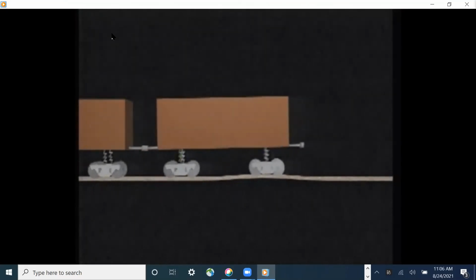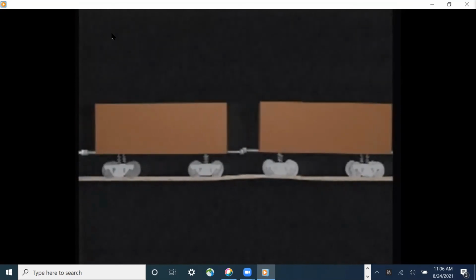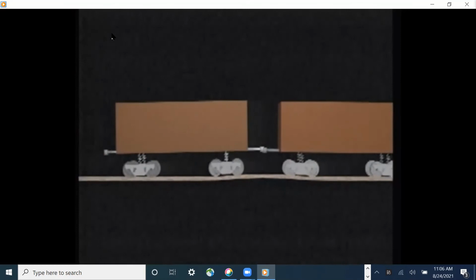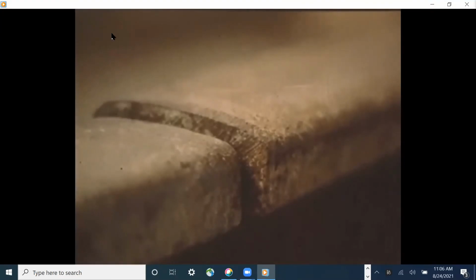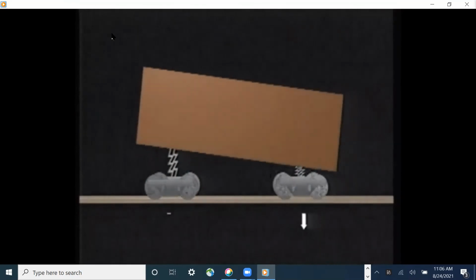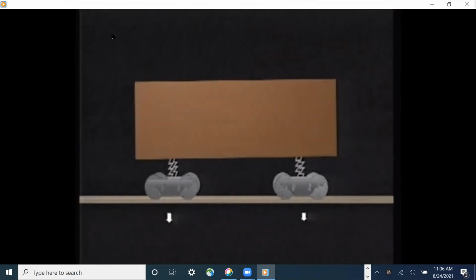When couplers bind under buff or draft, some of the vertical forces of bounce and pitch, normally absorbed by the suspension of one car, can be transferred to the other, intermittently increasing the load on one truck assembly while unloading the other. We have also seen how poor surface, such as mismatched, bent, or battered joints, and worn points and frogs, can contribute to bounce and pitch and the resulting vertical coupler forces.